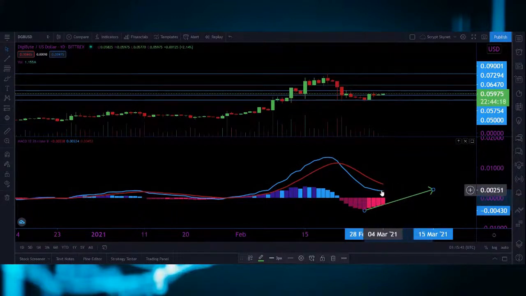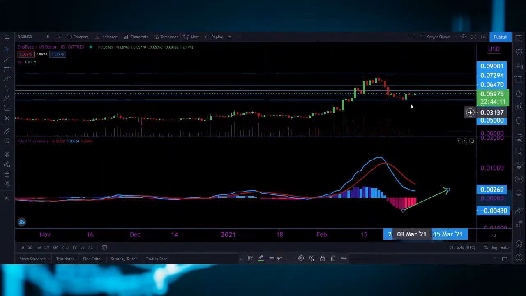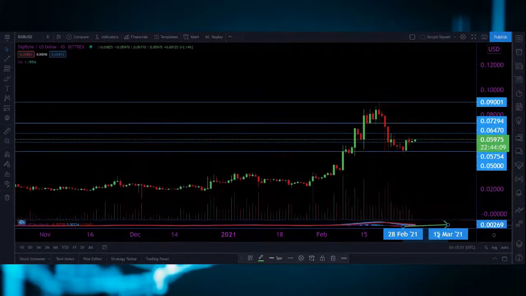Then we'll start climbing up on the MACD, and then we'll make a relative higher high down here. We need volume to do it.